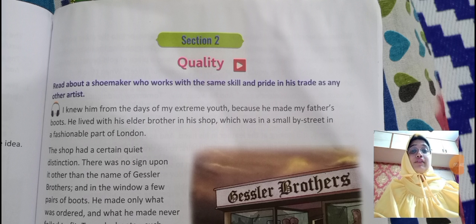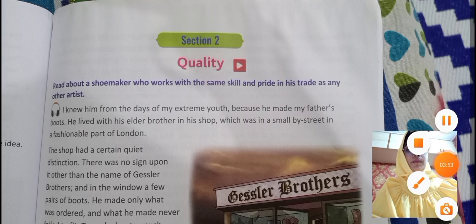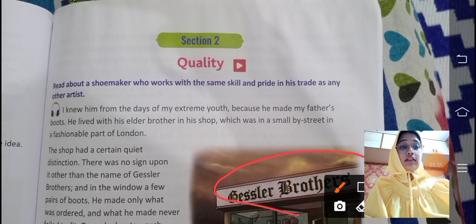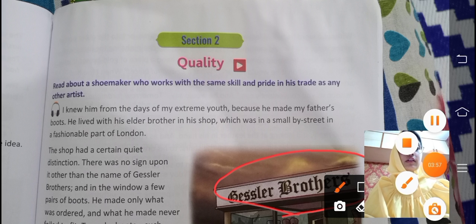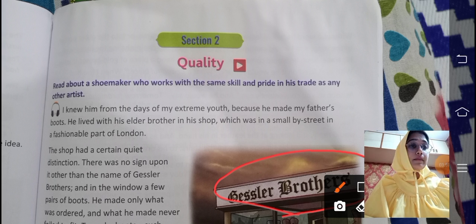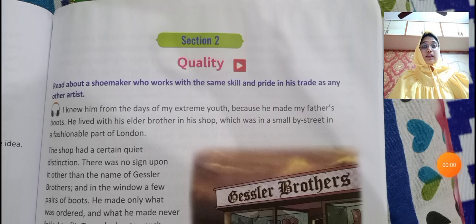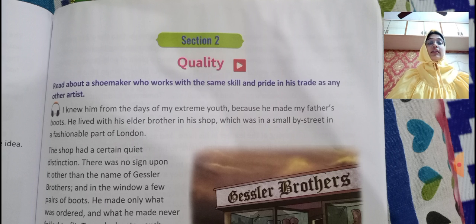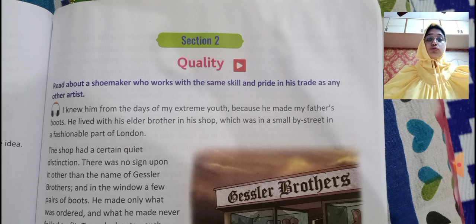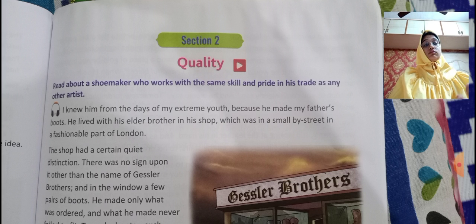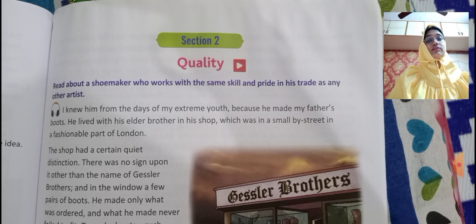What is the distinct feature this shop had? You can see in the picture that it was named Gessler Brothers. Only the title was there, but there was no sign upon it. The best shoe shop in the town, Gessler Brothers, had no sign upon it other than the name.